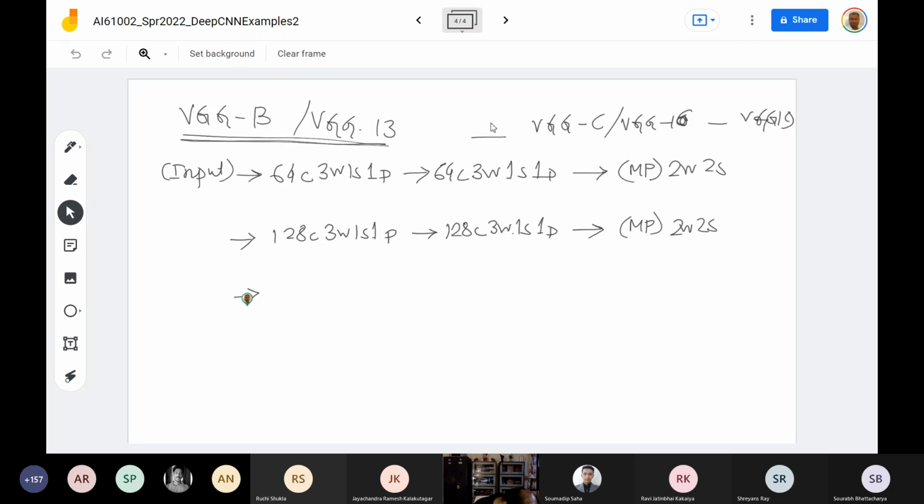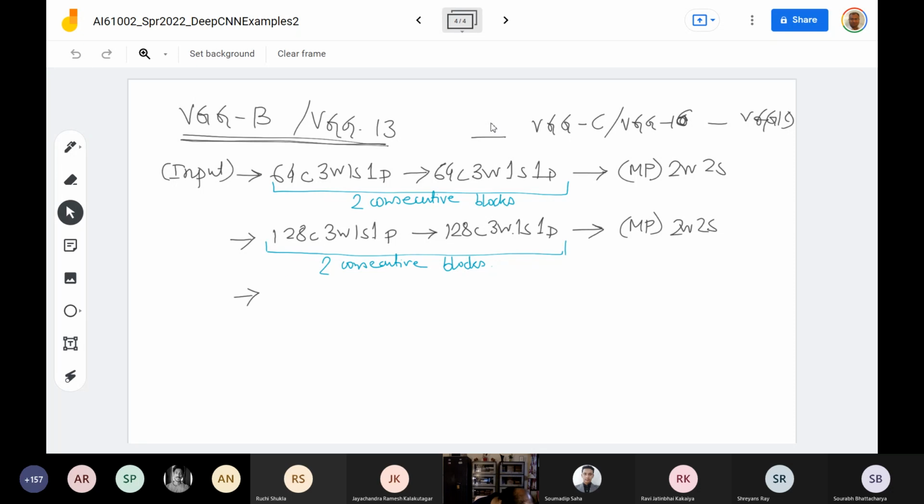So the change is two consecutive blocks here, and also two consecutive blocks here. After that it retains its own way as it was going.